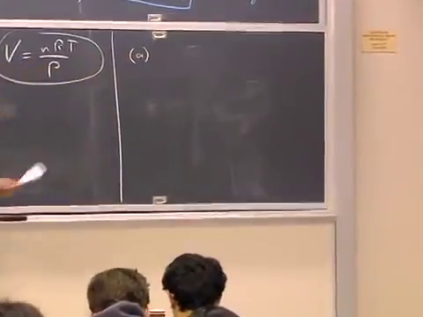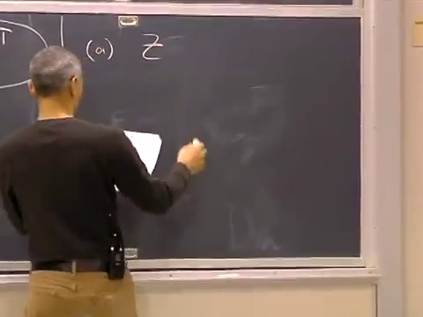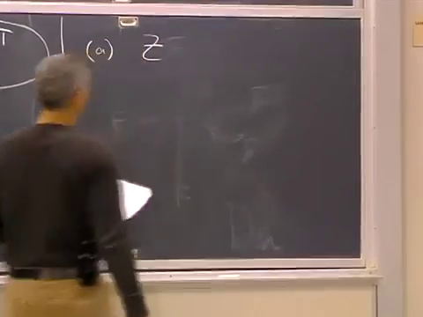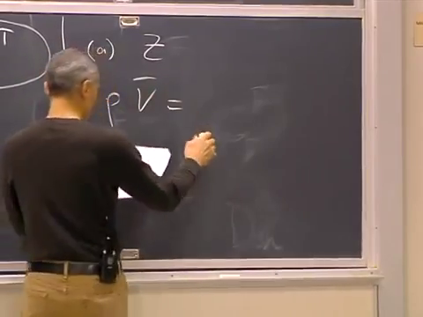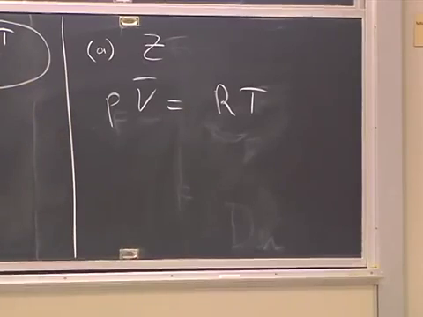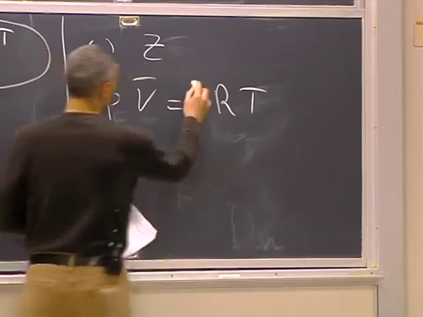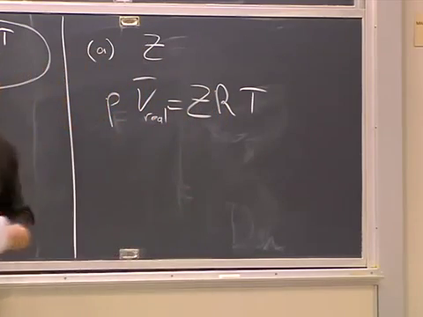The first one uses something called the compressibility factor, Z. Instead of writing PV is equal to RT, which would be the ideal gas law, we put a fudge factor in there. And the fudge factor is called Z. And now we can put real instead of ideal for our volume.